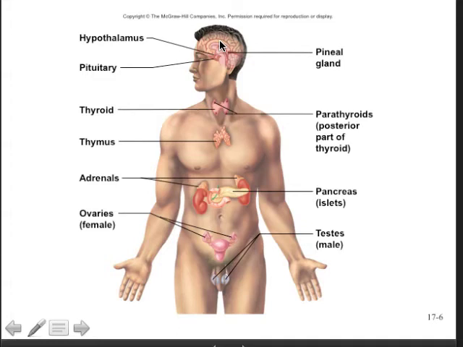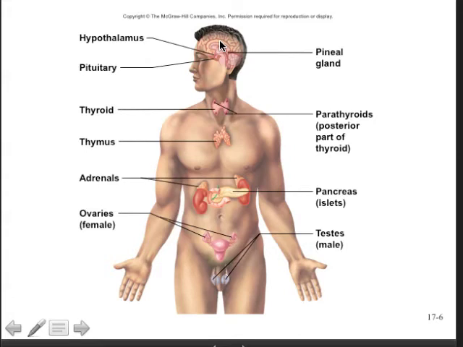Okay, so these hormones are actually manufactured in the hypothalamus and then secreted by the posterior pituitary, which in fact is nervous tissue. The anterior pituitary is a little different. The anterior pituitary is glandular tissue, and it is influenced by the hypothalamus through its release of hormones that are called releasing factors.